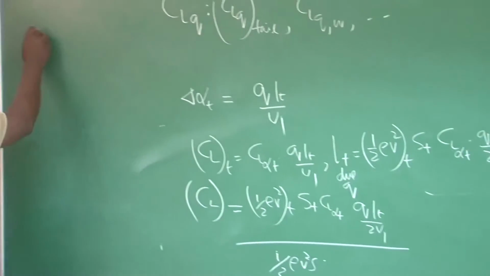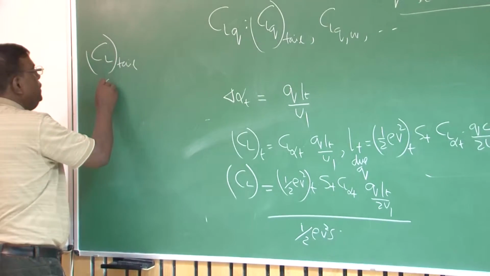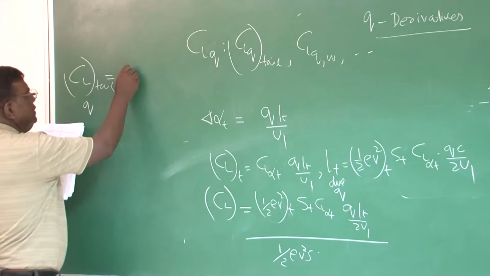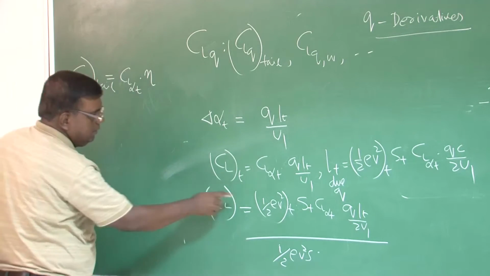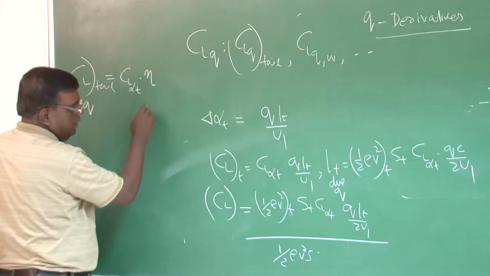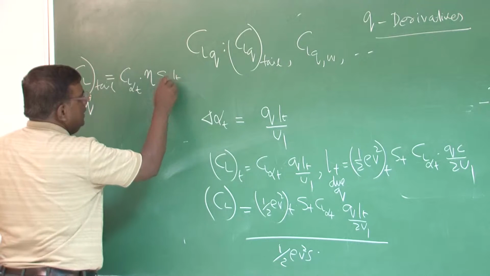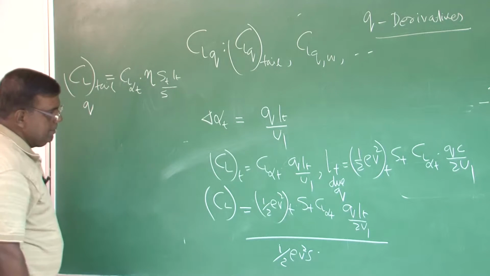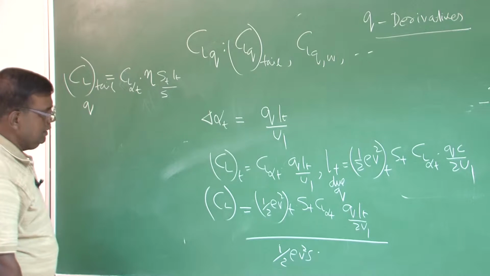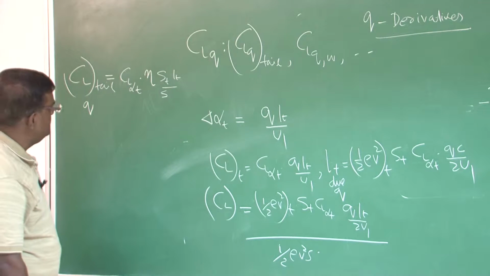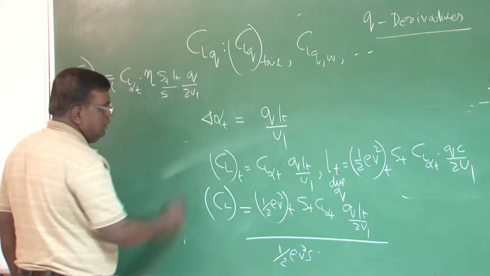So, I can write CL tail because of Q as CL alpha tail into eta, then ST LT by S, then Q by 2 U1.